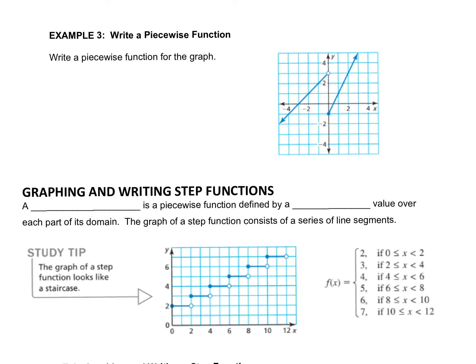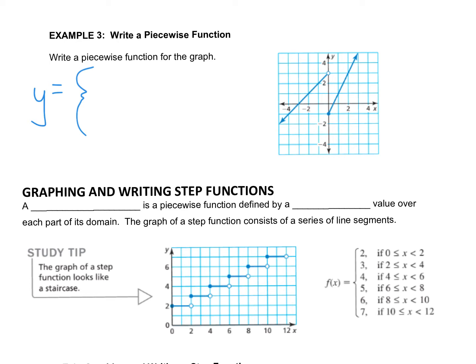So let's write a piecewise function based on the graph that we see. So we're going to basically say y equals, and we need that little set bracket. We're only using the one side to show that those two expressions are going to make up the whole function.